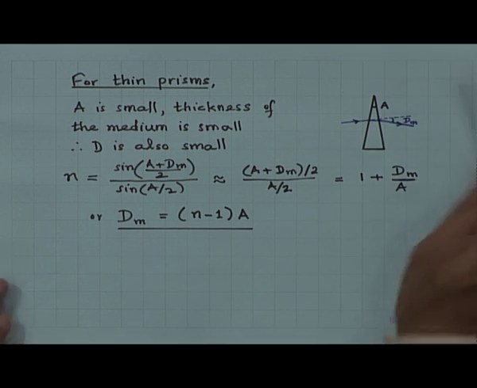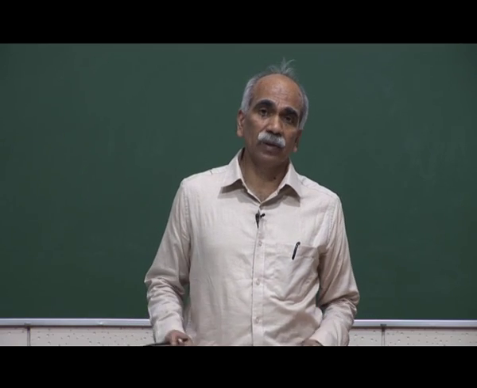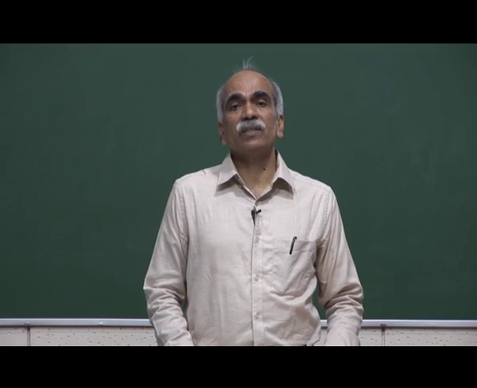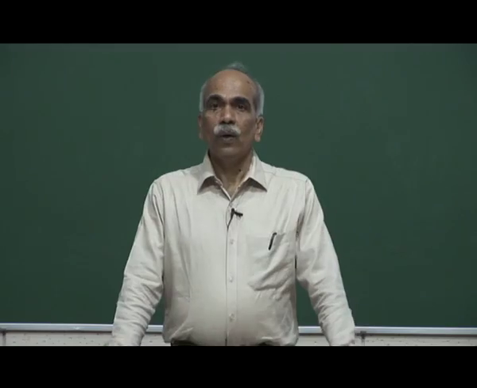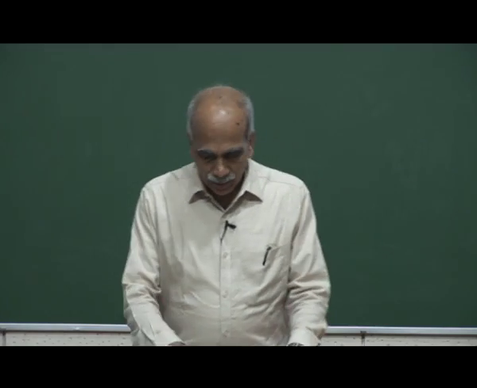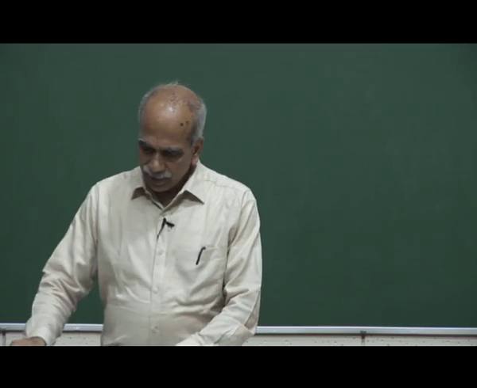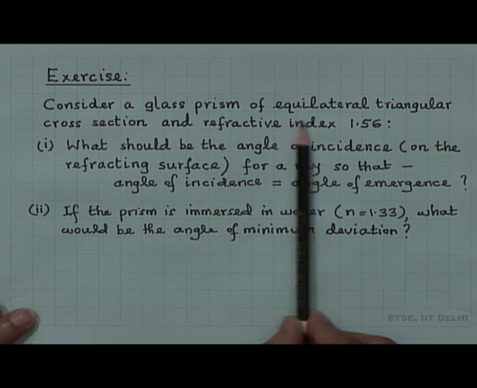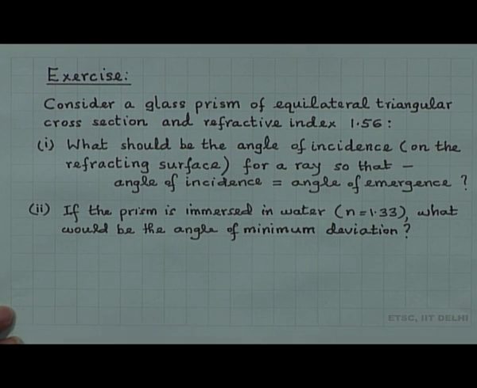Now, there can be several problems, several examples which can be worked out based on the prism formula, that is n is equal to sin of (A plus Dm) by 2 divided by sin A by 2, in various situations. So, let us take an example of refraction through a prism. Consider a glass prism of equilateral triangular cross section and refractive index 1.6.